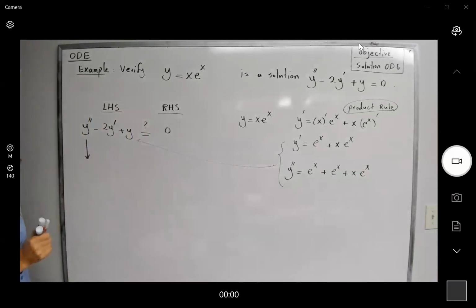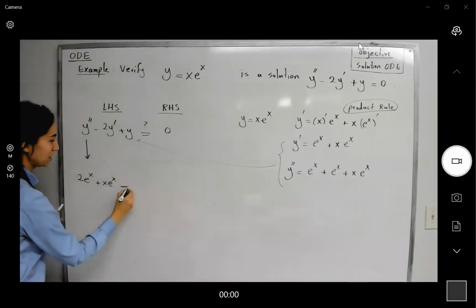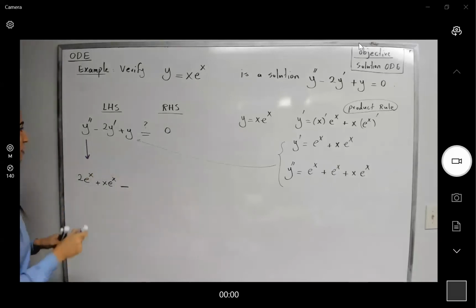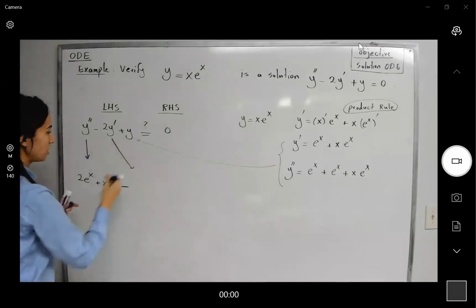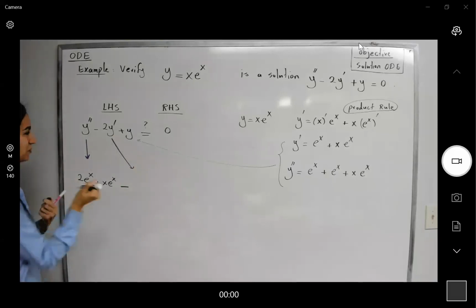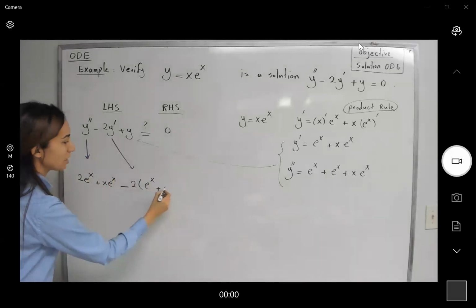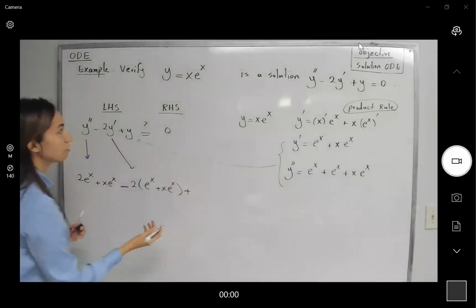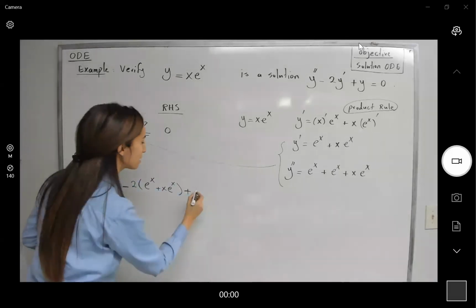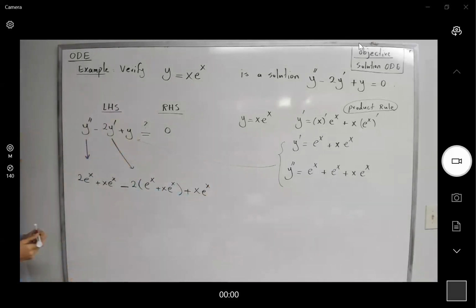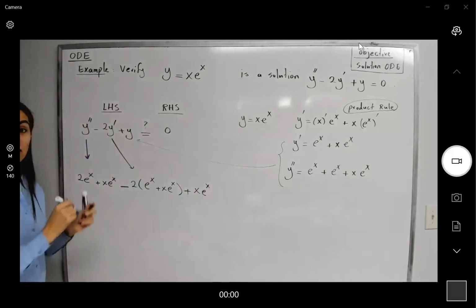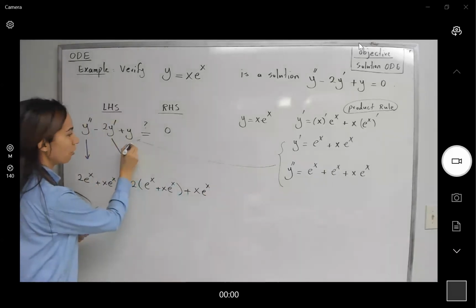The second derivative is 2 e to the x plus x e to the x, minus, you have subtraction, now 2 times the first derivative, e to the x plus x e to the x, plus y. What is y? It is x e to the x. I'm going to check to see if this, after simplification, is equal to 0 or not.